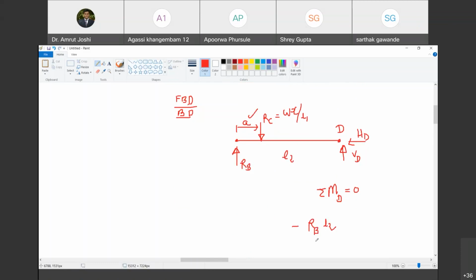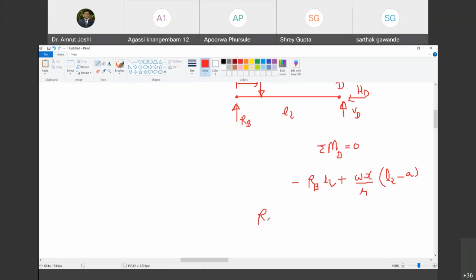Yes, sir. What is the moment of RC about D? Anti-clockwise, so positive. It is WX by L1 into L2 minus A. Do you agree with me? Yes, sir. So what does that give you? That gives you RB is equal to WX upon L1 L2 into L2 minus A. Happy? Yes, sir.